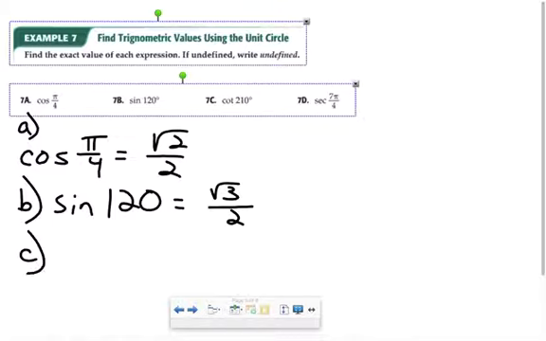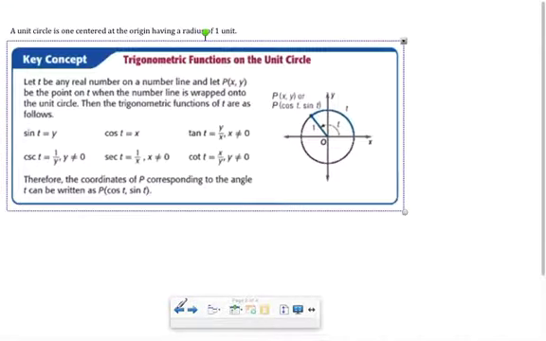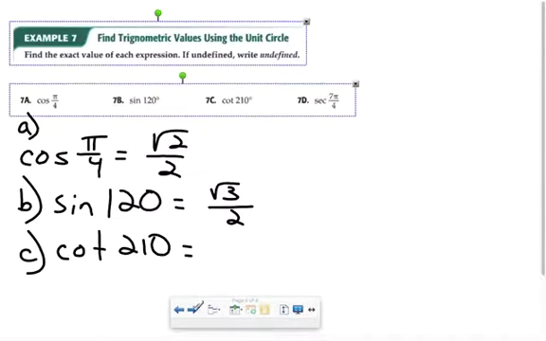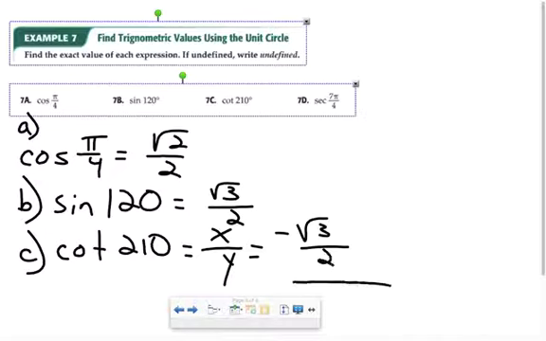The cotangent of 210, back here, it says cotangent is going to be x over y. So I look at 210 on my reference sheet unit circle, and my x-coordinate is negative radical 3 over 2, and my y-coordinate is negative 1/2.